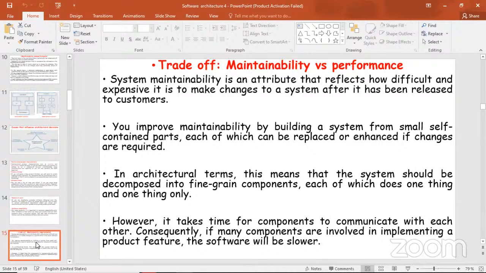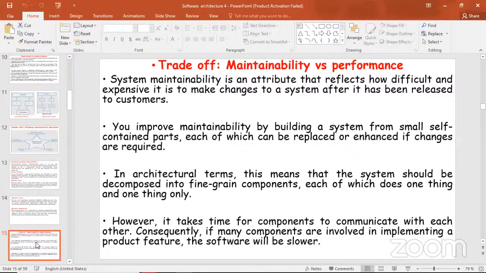You improve maintainability by building a system from small self-contained parts, each of which can be replaced or enhanced if changes are required. In architectural terms, this means that the system should be decomposed into fine-grained components, each of which does one thing and one thing only.